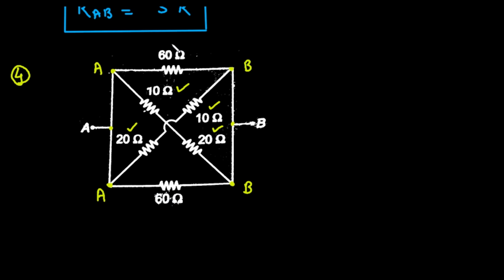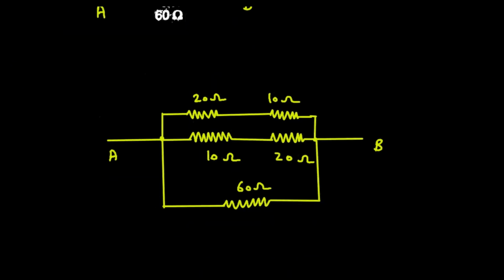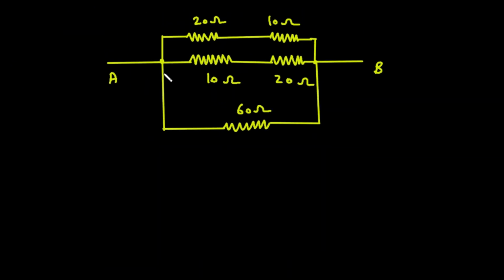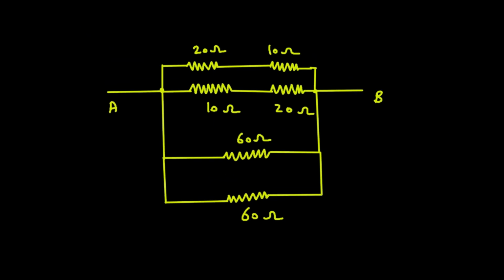Now next, this is also completed, and finally between terminal A and B, this is 60 ohm. So again between terminal A and B, one more 60 ohm resistance. So this is 60 ohm. Now we have the simple network. Now we can easily simplify this. So first of all, let's copy this circuit.